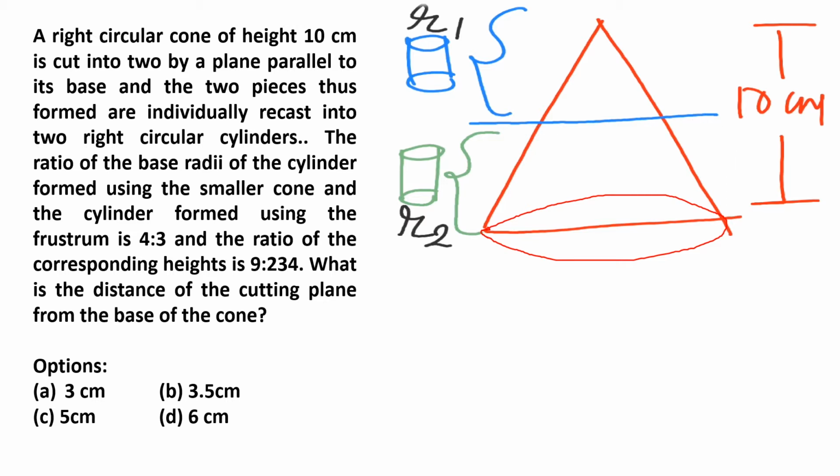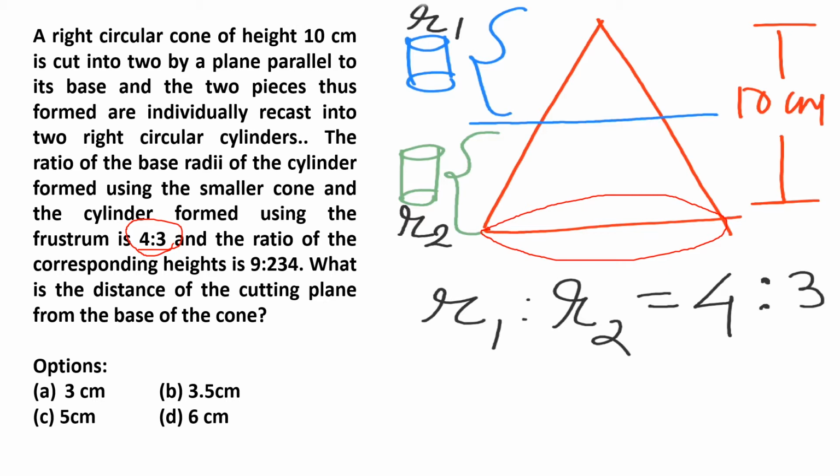In the question they have given that the ratio of the radii of the smaller cone cylinder to the frustum cylinder is 4 is to 3. That means R1 is to R2 is equal to 4 is to 3.